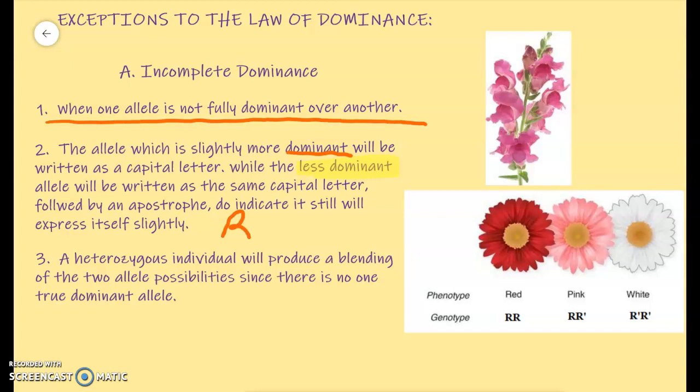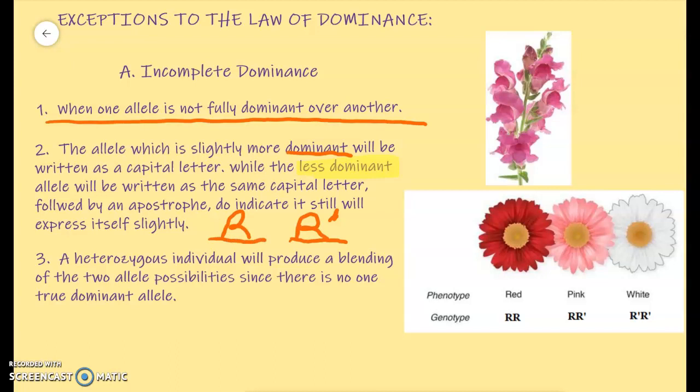But this allele that's less dominant is actually going to be written also with a capital letter, the same one we gave the dominant one, but we're going to put a little apostrophe or asterisk, you could say, after that, indicating that this is the one right here that is a little bit more recessive than the one that is slightly dominant.